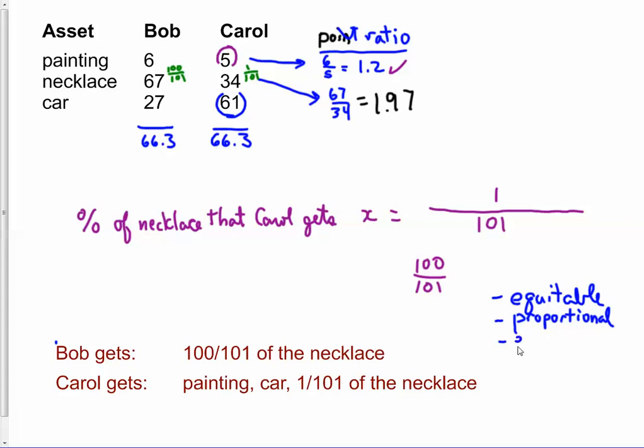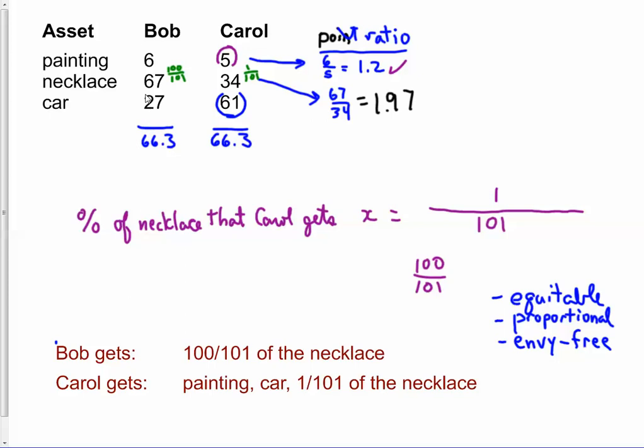And it's envy-free because if Bob thinks he's getting 66.3% of the worth, then he thinks Carol is getting, what, 33.7%. She doesn't think that, but he thinks that's what she's getting, right? That's the rest. The things she's getting valued by his point system would only be 33.7.